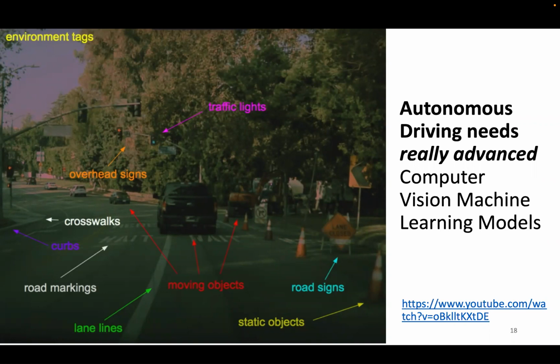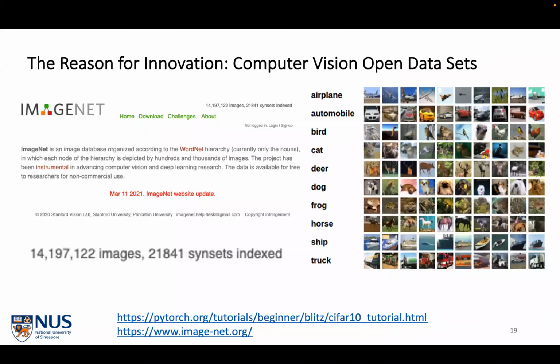So computer vision is extremely important for autonomous driving. And I'd like to believe that the catalyst for a lot of this work is from the research community in this particular area.